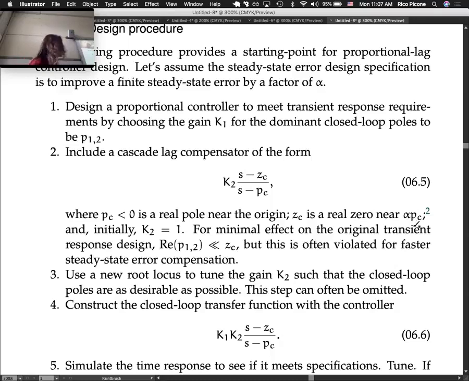The difference here is we had a 0 and a pole before, but the pole was at 0, at the origin. It was an integrator, so PC was 0 for the integrator. In this case, we're just going to choose it to be some real number that's close to the origin. So it's almost an integrator, but not quite. And then we're going to have the 0 a factor of alpha further out.